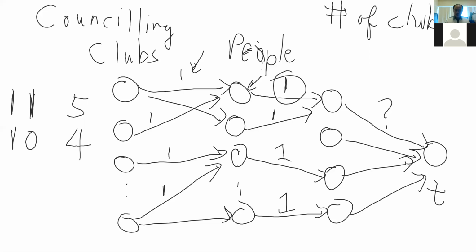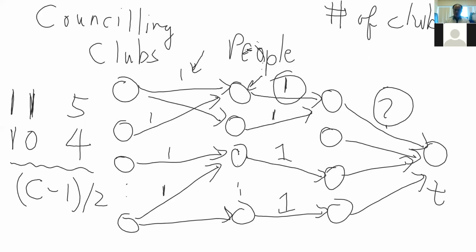And if you think about this carefully and try examples, you see that the number of clubs minus 1 divided by 2, where the division is integer division, rounds down, is what you put into this location. Okay, so you put number of clubs minus 1 divided by 2.